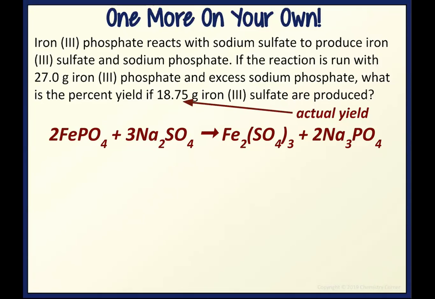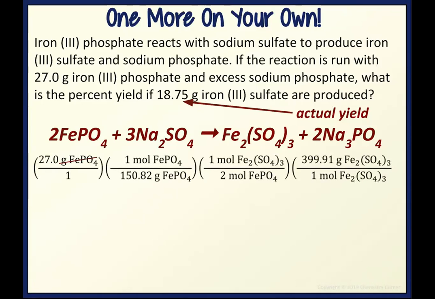We are given the actual, we have to find theoretical, starting with what we're given, which is 27.0 grams of iron 3 phosphate. So we're taking those 27.0 grams, changing them to moles, changing it to moles of iron 3 sulfate, and changing it to grams of iron 3 sulfate. Make sure you know where all those numbers come from.